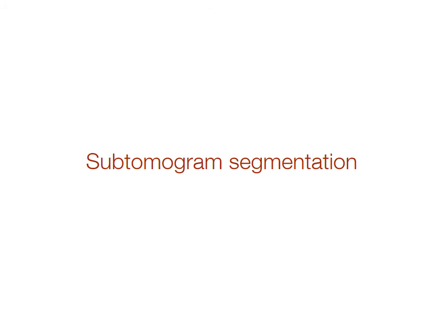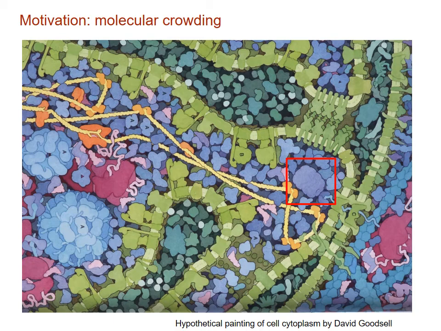Another type of work we have been doing is about the segmentation of subtomograms or tomograms. As mentioned before, the macromolecules could be inside a very crowded molecular environment. And in such cases, if we cut out a subtomogram around this macromolecule, then this subtomogram may not only contain the macromolecule of interest, but also some neighbor structures.